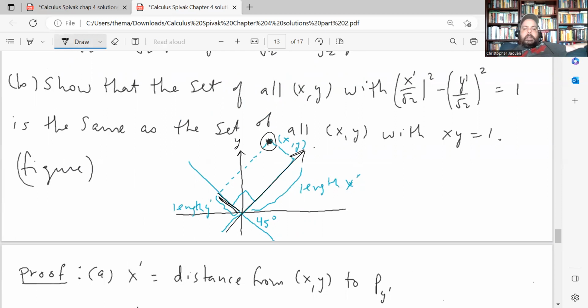This line has equation y = x because this angle is 45 degrees over here. It's the identity function, in other words, this is 1 times x plus 0. So the slope in this case is 1.